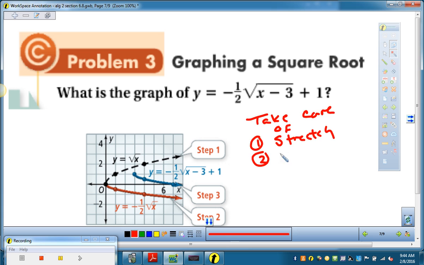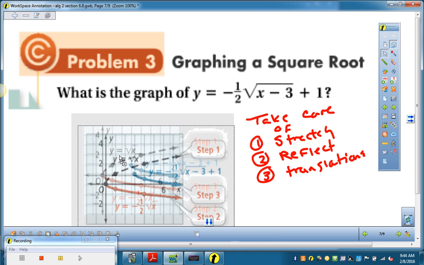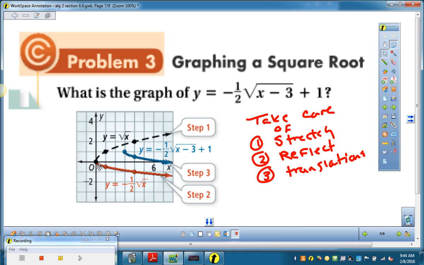And second do the reflection. And then do your translation. So in the picture that we have here, they did the first two steps, my first two steps, in one combined step.